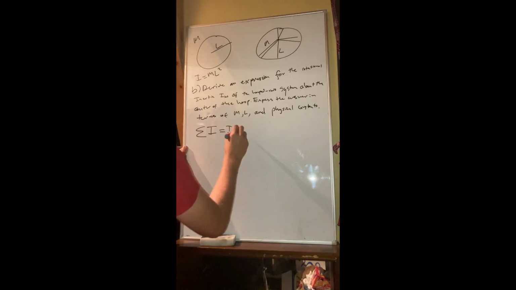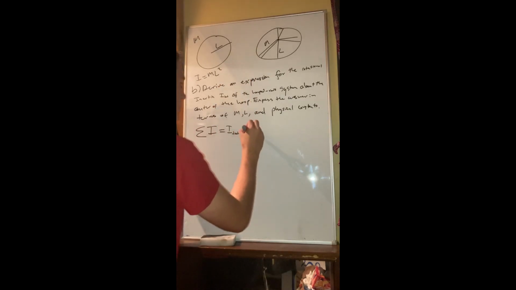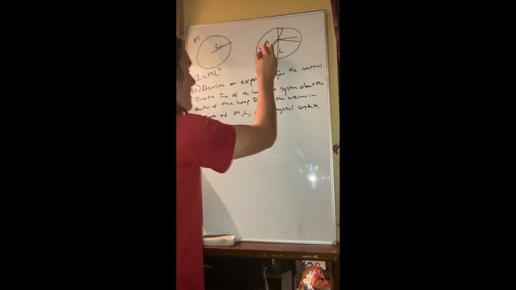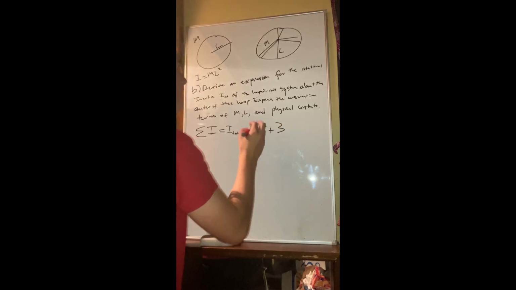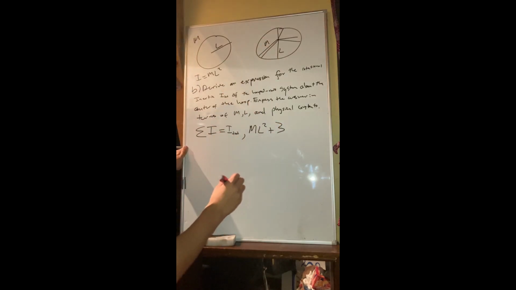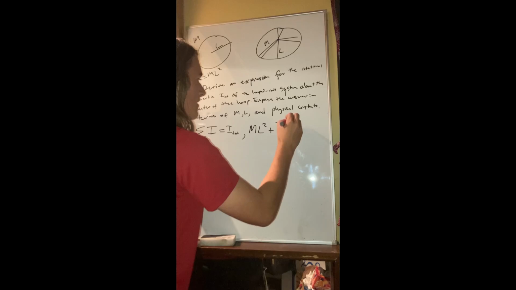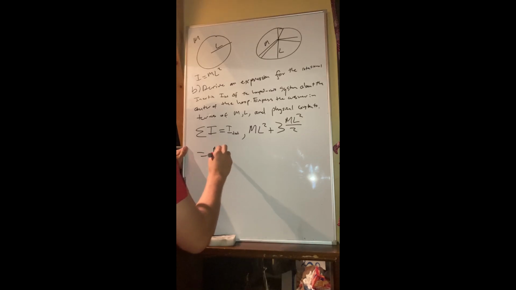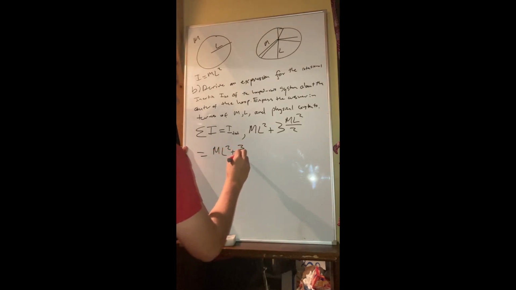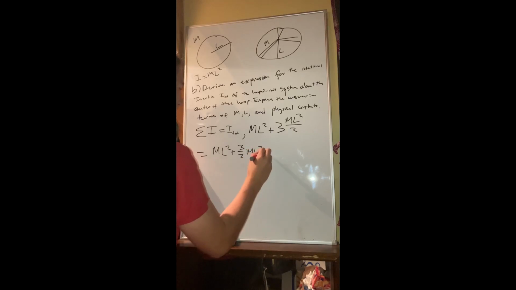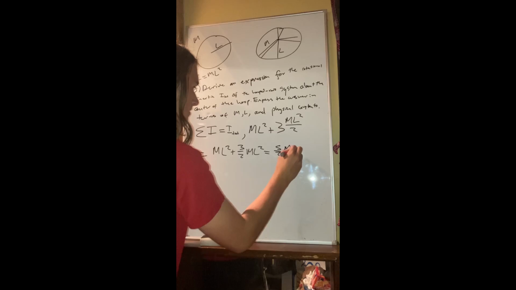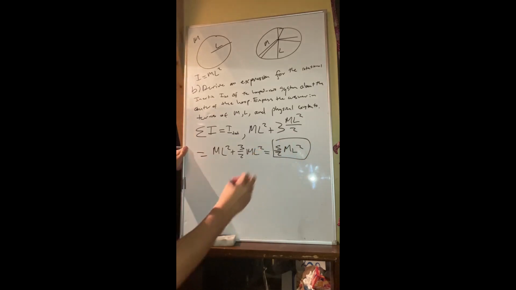So we just have to say, okay, ML squared plus one of these, so plus 3 triangle rods, and we determined in the previous part that the moment of inertia was ML squared over 2. So this equals ML squared plus 3 over 2 ML squared equals simply 5 over 2 ML squared. And that gives us the moment of inertia.